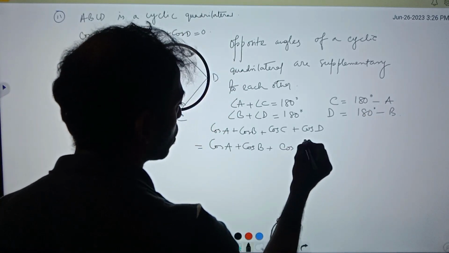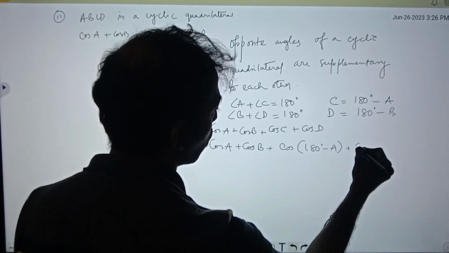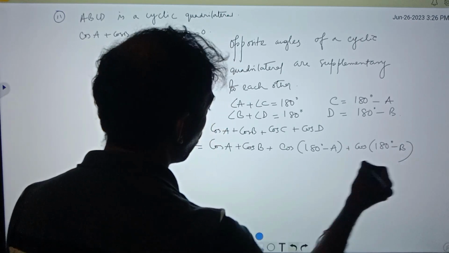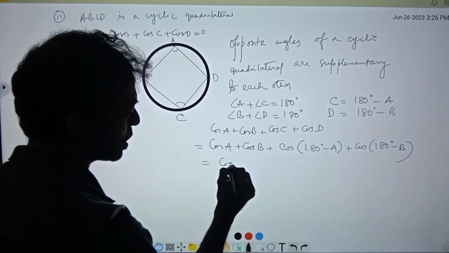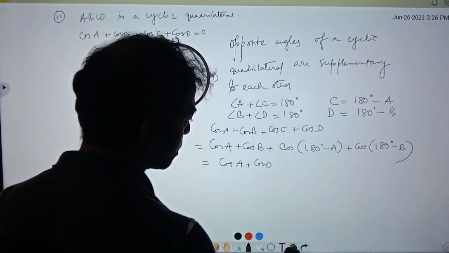So that will be cos A plus cos B plus cos of 180 degree minus A plus cos of 180 degree minus B. Don't need to worry about that one.